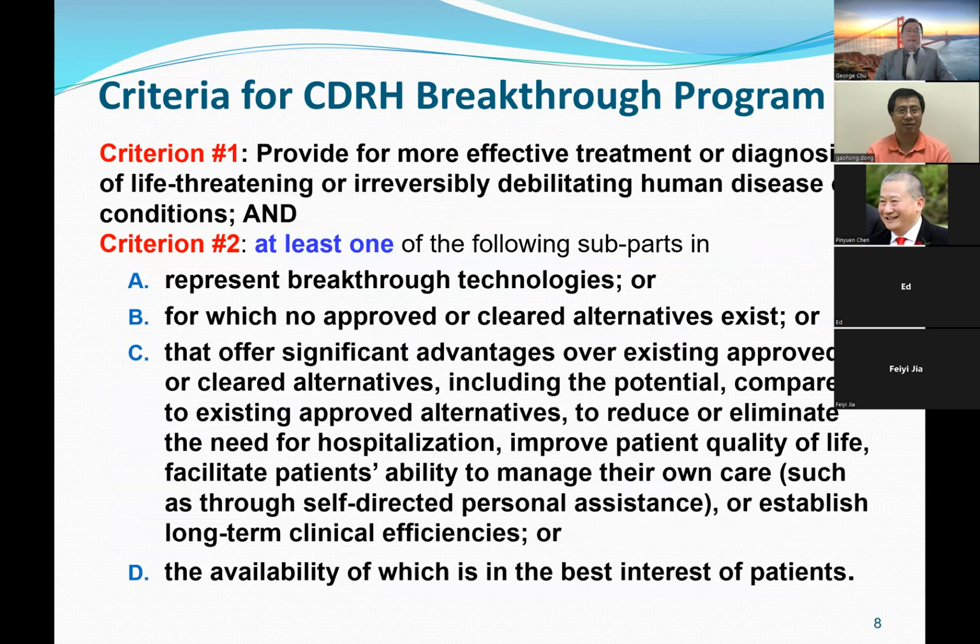Now, again, the criteria for the breakthrough program are: criteria 1, we provide for more effective treatment or diagnosis of life-threatening or irreversibly debilitating human disease or conditions. And we have one of the following subparts from criteria 2.